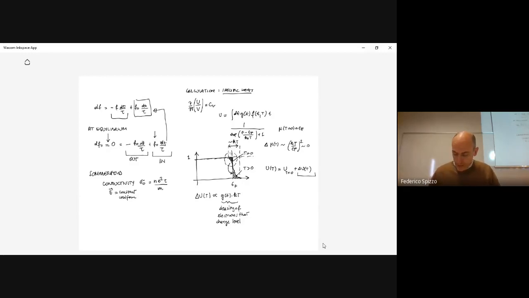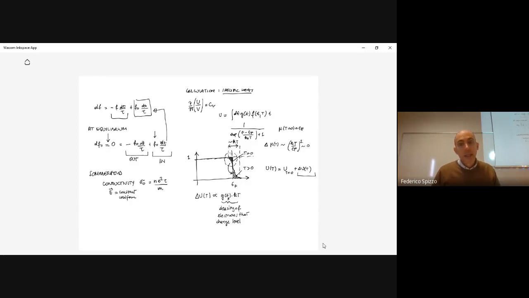To be more precise, since KT in general is quite small with respect to EF, we may say that G of E is actually G of EF, because the range of variation of KT is very small with respect to the width of the distribution. So I may write G of EF in this equation. This is proportional to the number of electrons that change the occupancy of the levels.